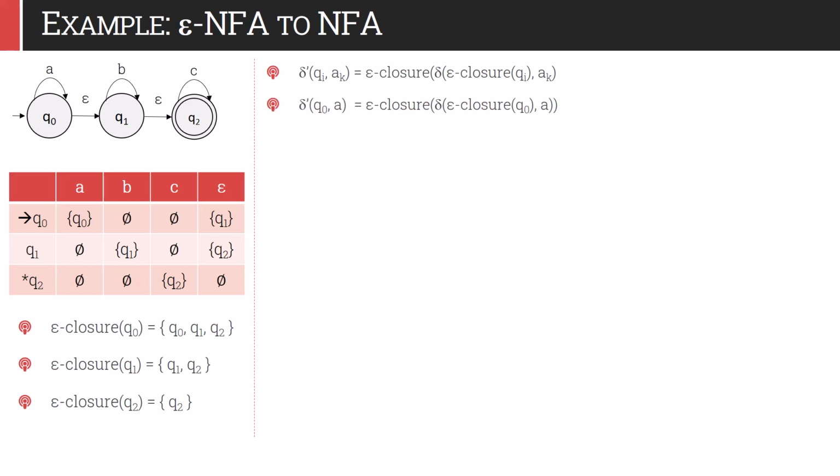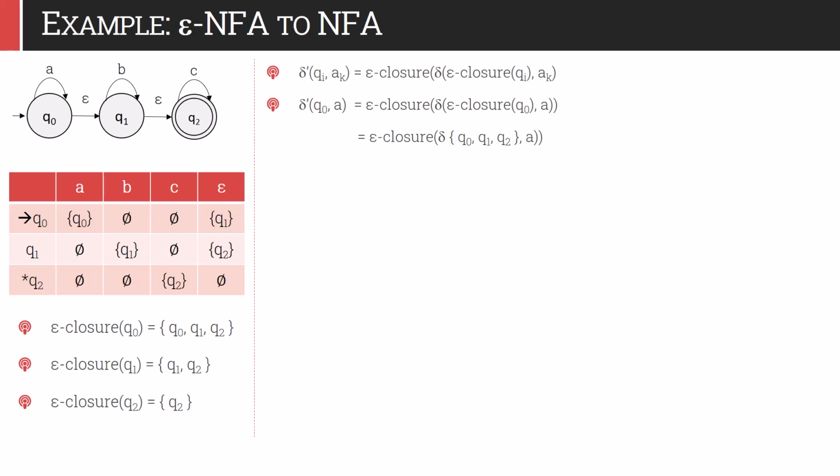So we will start with Q0 and input alphabet A. That is given by epsilon closure of delta, epsilon closure. Now Qi is replaced by Q0 and ak is replaced by A, because the first line is the general form of the rule and the second one is the specific one. We have already computed epsilon closure of Q0, so it will be replaced by the set of states Q0, Q1, Q2 and A. So we have to compute the delta transition from states Q0, Q1, Q2 on A. Ultimately it's the union of delta Q0A, delta Q1A, delta Q2A.